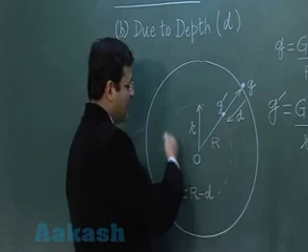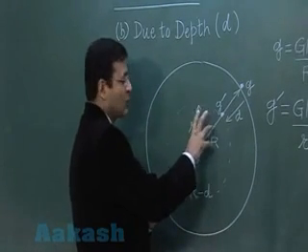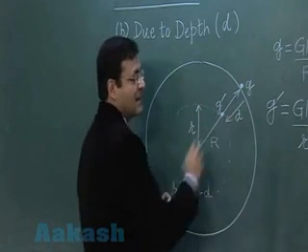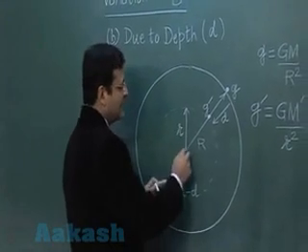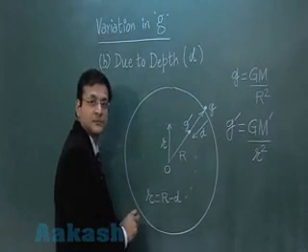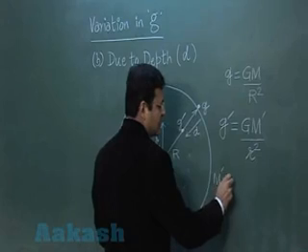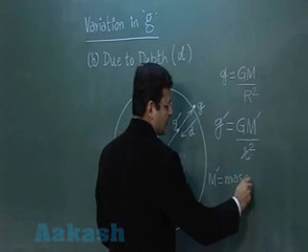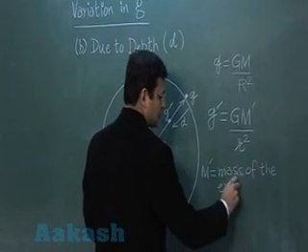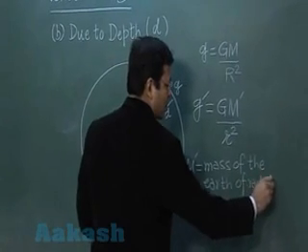It is only the inner mass of the earth. If you imagine an earth of radius only small r, whatever its mass is, that is the mass M dash here, and the distance also is taken as only small r and not capital R. M dash is basically the mass of the earth of radius small r.